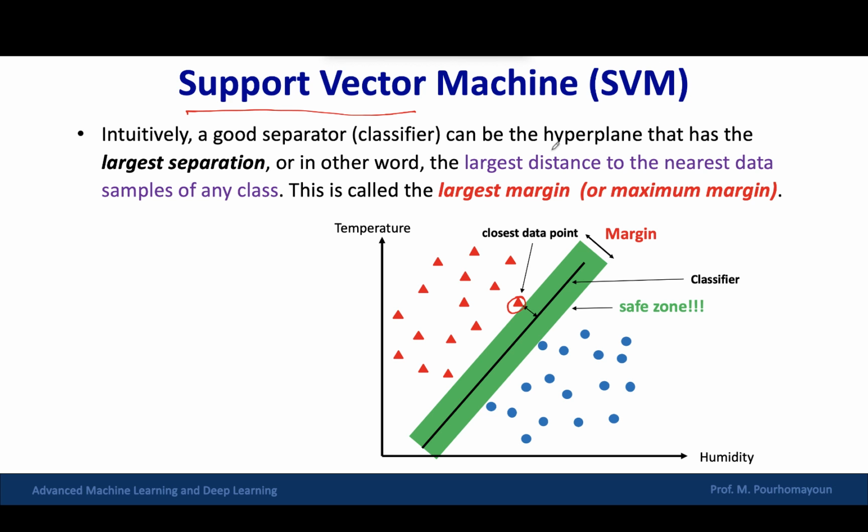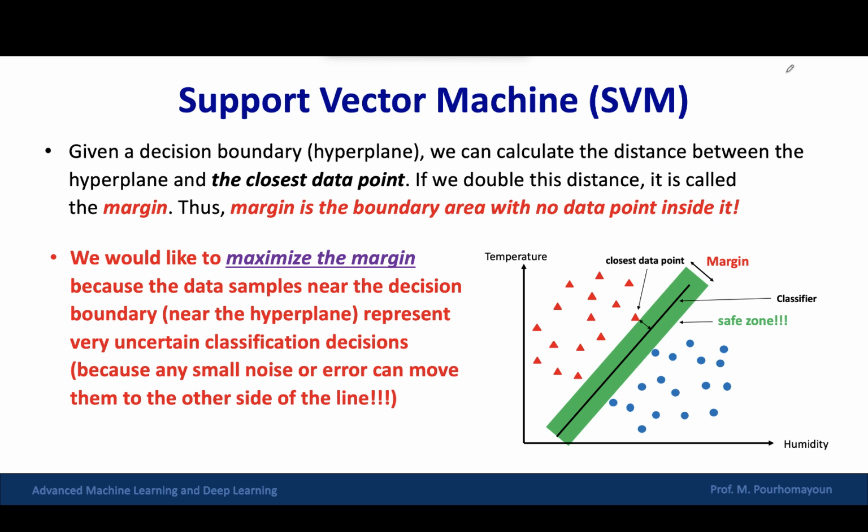I'm going to explain it today. We are going to start with a very simple approach, and as always, this is my strategy: I always start with a very simple approach, and as we move forward, we make it more and more complex. Given a hyperplane like that, we calculate the distance between the hyperplane and the nearest data point. If we double it, the area is called margin.